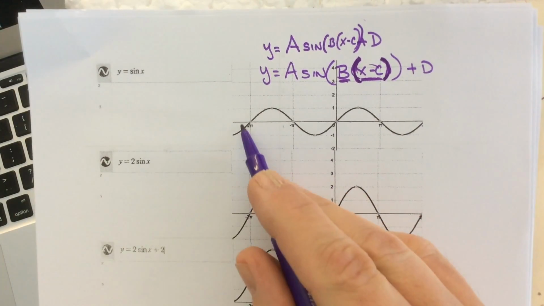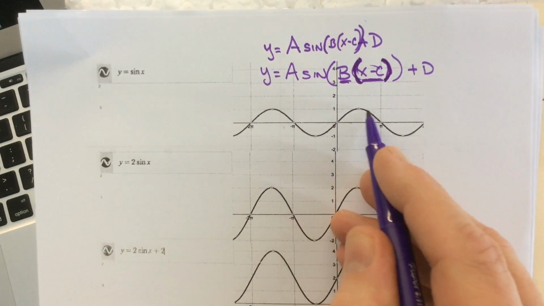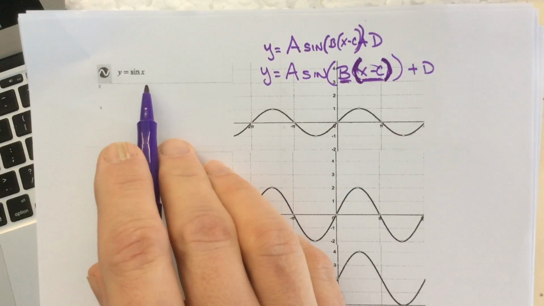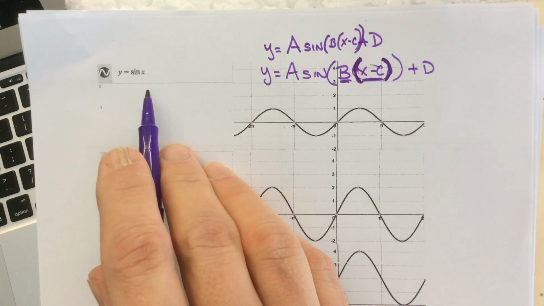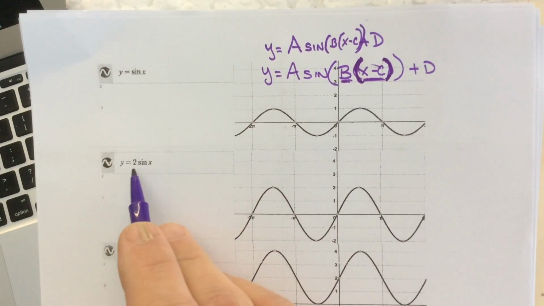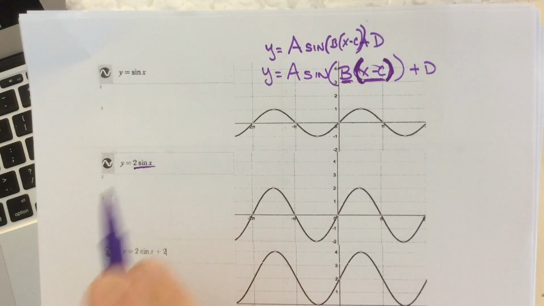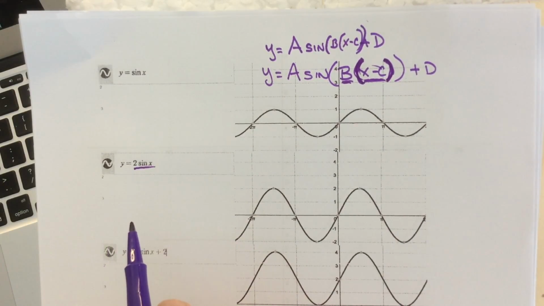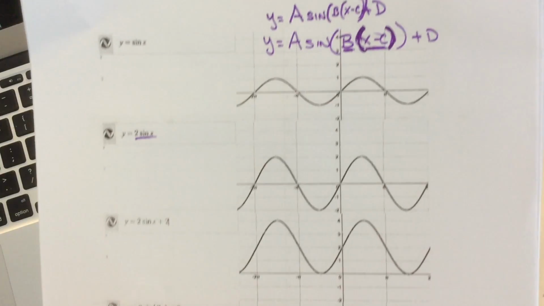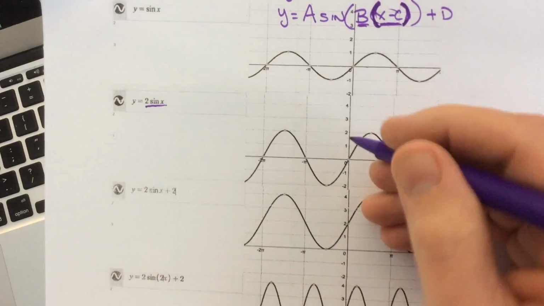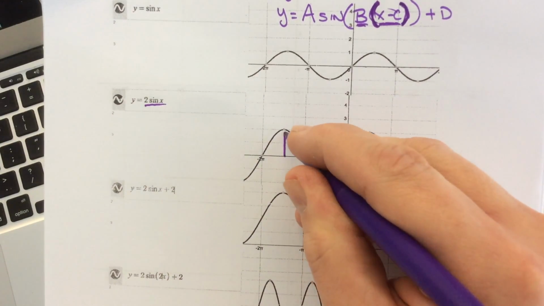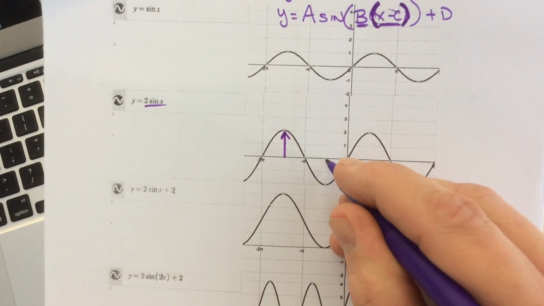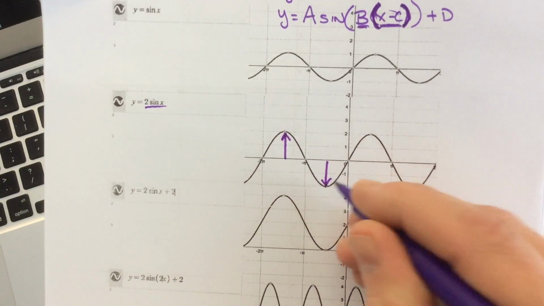But this is what a sine curve looks like if it's just y is equal to the sine of x. Okay. And if all I do is multiply the entire function by 2, it stretches it vertically, right, this way and this way, without changing anything else.